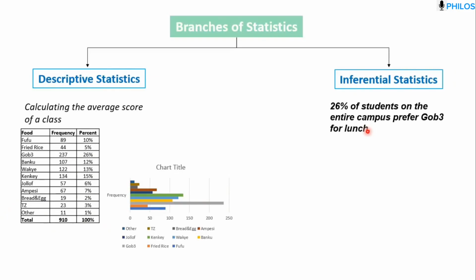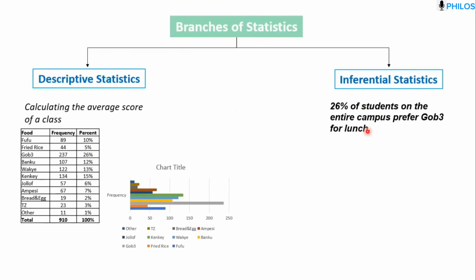So in this case, we are just using a sample to make an estimate about the population in inferential statistics. Another example is predicting election results based on a survey of a small group of voters.